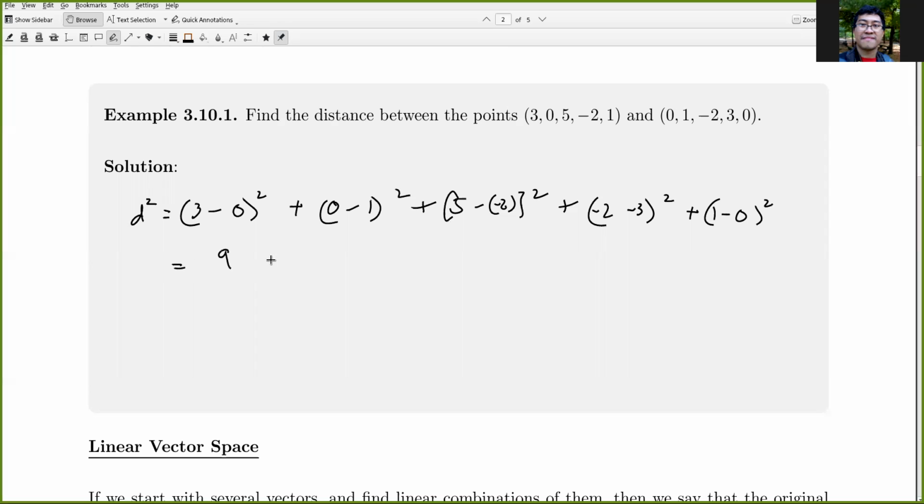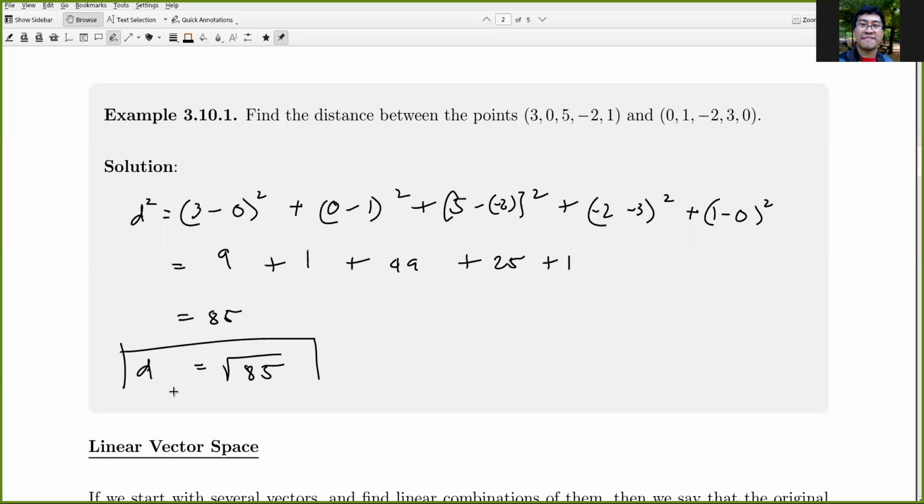This would be 9 plus 1 plus 49 plus 25 plus 1. 1 plus 9 is 10, 49 plus 1, that's 50, 50 plus 10, 60, plus 25, so this is 85, or you take the square root, the square root of 85. That is the distance between these 2 points.